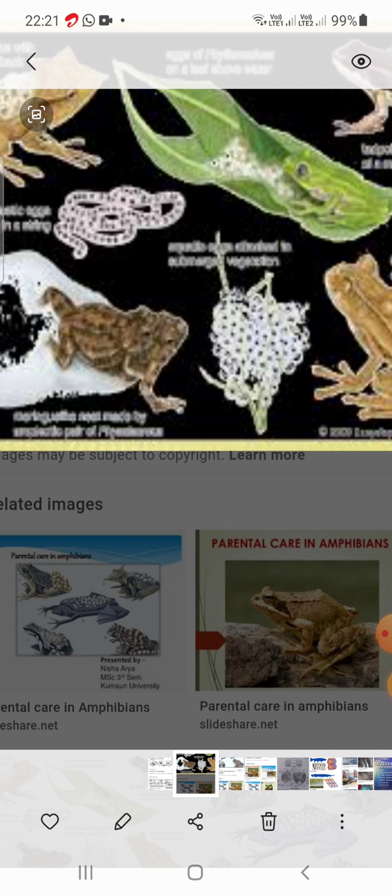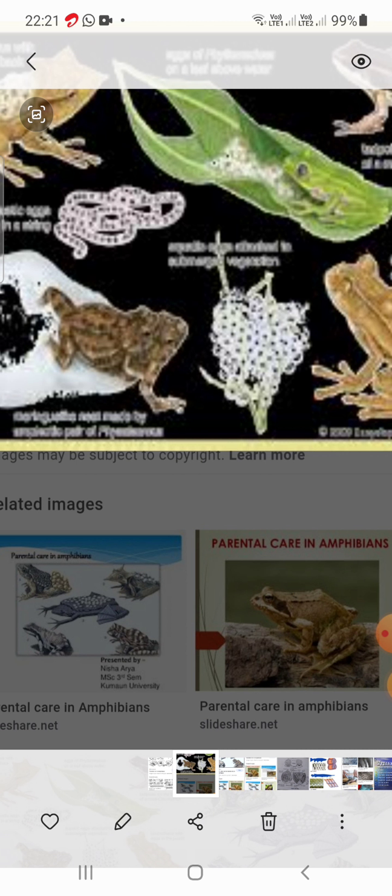The nests are of the following types: mud nests, tree nests, foam nests as well as gelatinous nests. These nests are very important for the protection of their eggs and embryos.